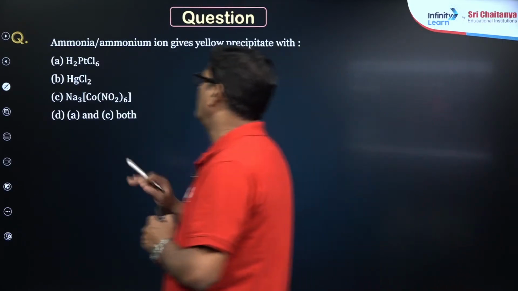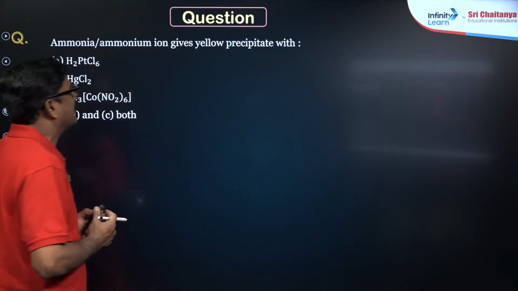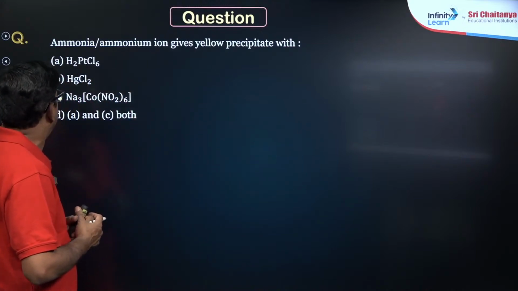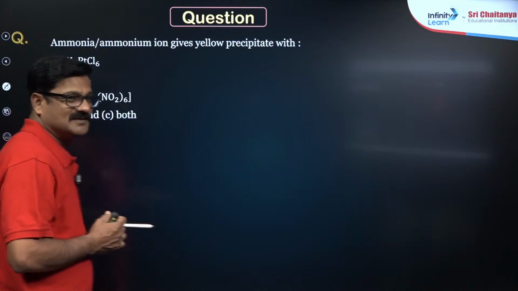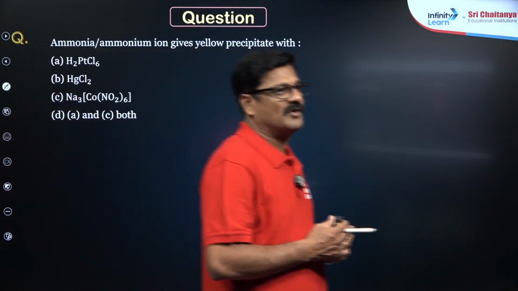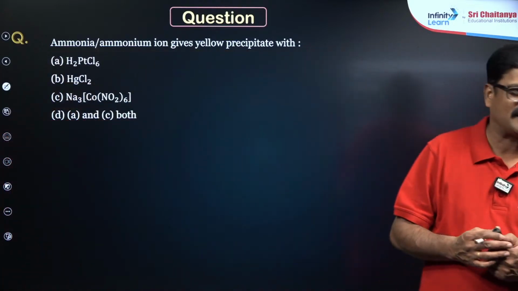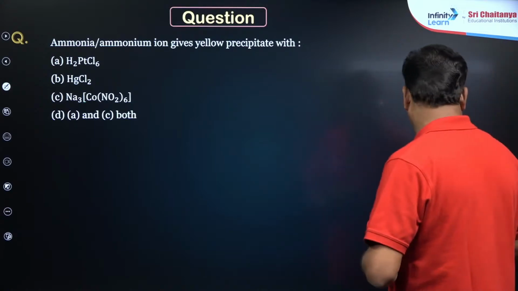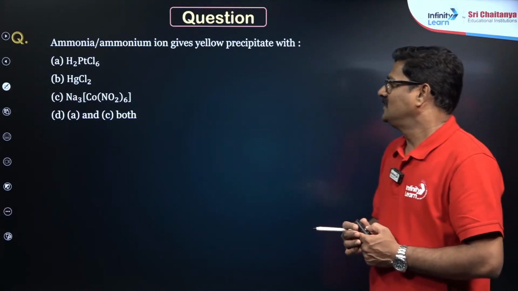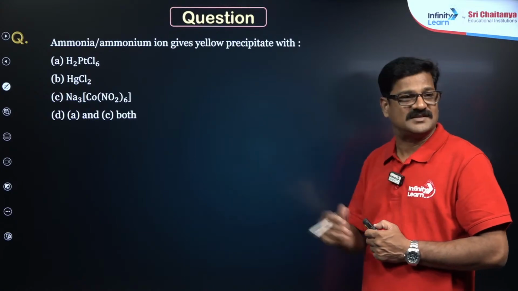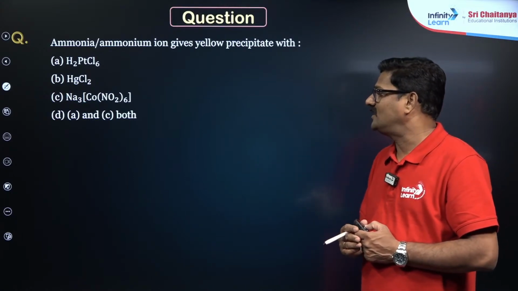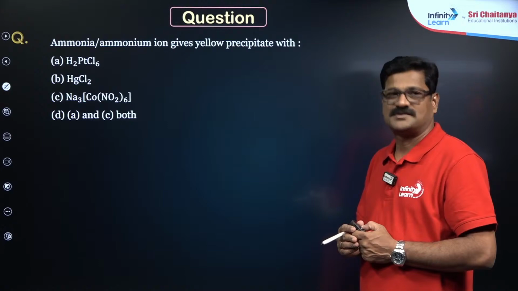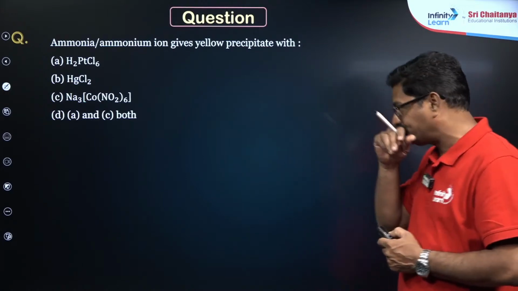And here, ammonia or ammonium ion gives a yellow precipitate with, perfect. Who is going to give the answer? Ammonia and ammonium chloride. Who is going to give the yellow precipitate? Answer? H2PtCl6 can give, and Na3[Co(NO2)6] can give.